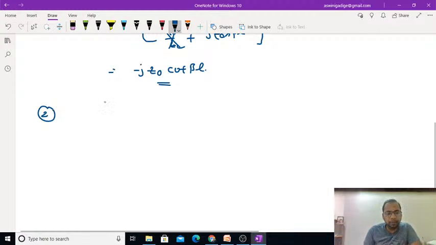Next, coming to the square wave generator, they gave the example: which of the following is the square wave generator?